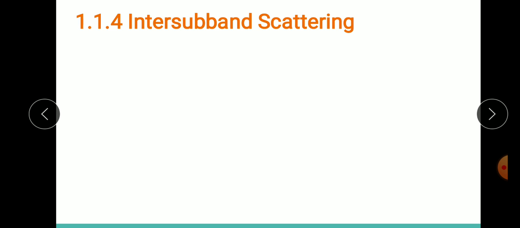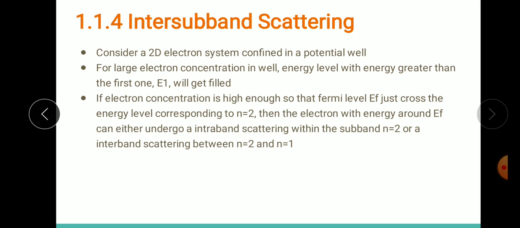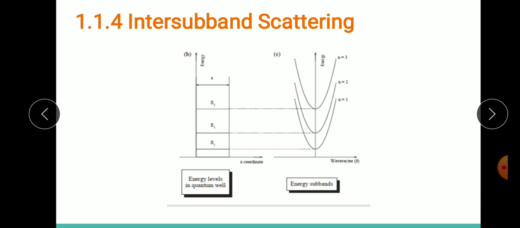Coming to the last scattering mechanism, the inter-subband scattering. Before we go on to this, I want you to consider this figure. Just consider a 2D electron system. We consider a potential well, say.